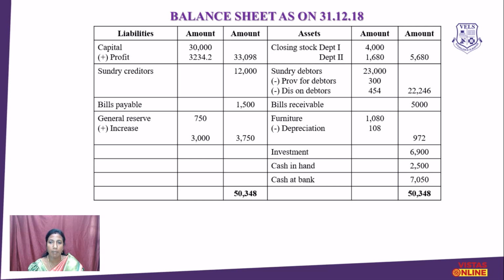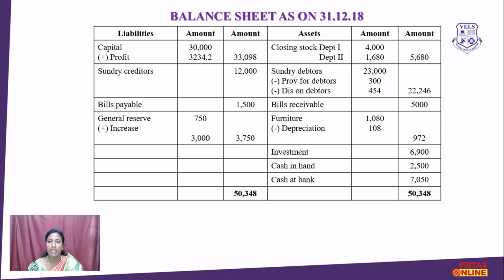Bills receivable 5,000. Furniture minus depreciation. So furniture's value is 1,080, depreciation value is always minus in this particular asset. The depreciation value is 108, the difference 972 rupees is the furniture actual asset value.